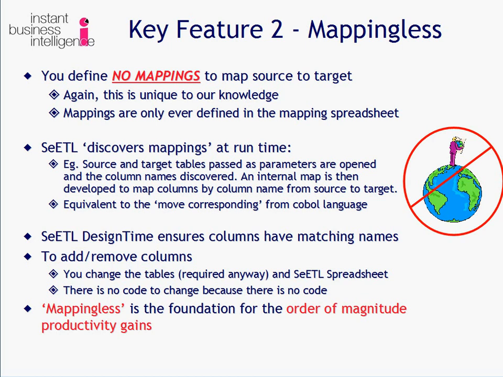So this ability to do this kind of mapping without the mapping in a dictionary is unique. Nobody else does this. SeETL discovers the mapping at runtime. The program starts, it reads the parameters for the source, which can be an ODBC DSN, which can connect to anything, anywhere, and the owner name and table name.